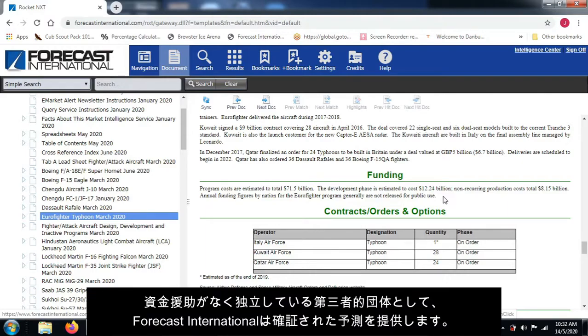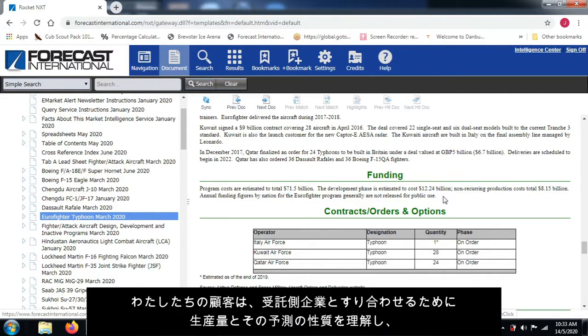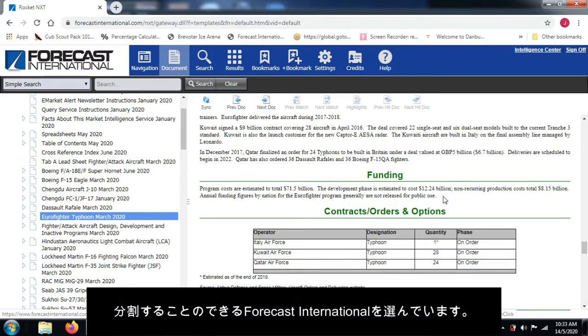Ours, Forecast International's, are third-party, non-vested, independently validated forecasts, and customers choose us to triangulate and match the production forecasts of the OEMs.